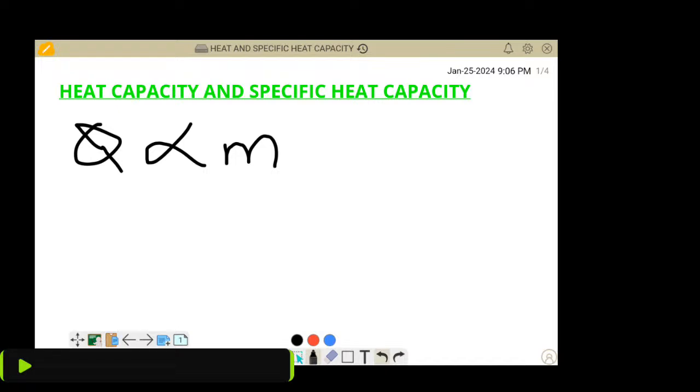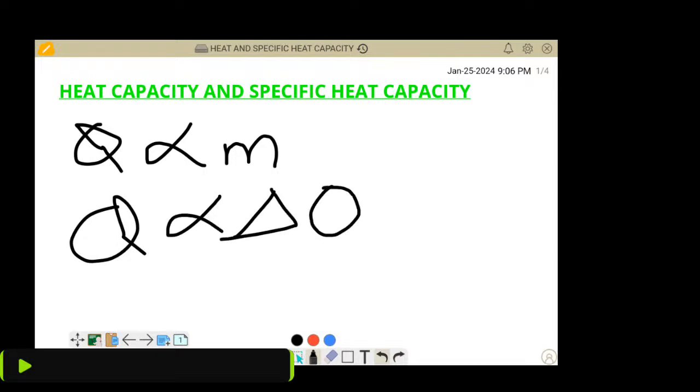And also Q is directly proportional to the change in temperature of that object. Let's say theta represents our temperature. The more heat you supply into any object, the higher the rise in temperature you are expected to observe in that object.